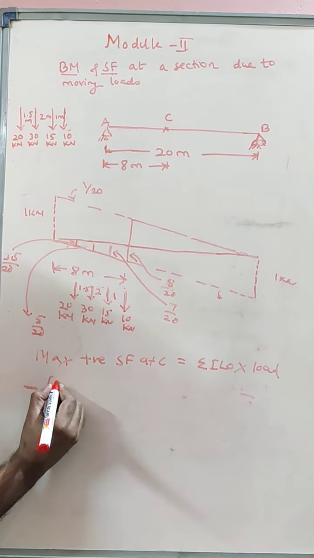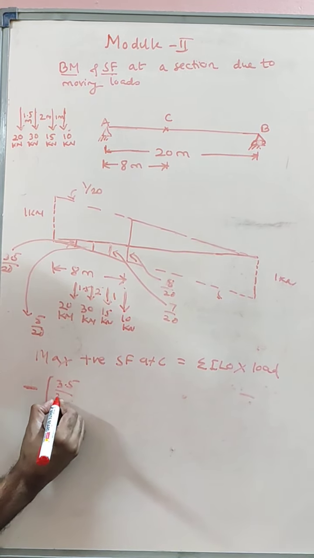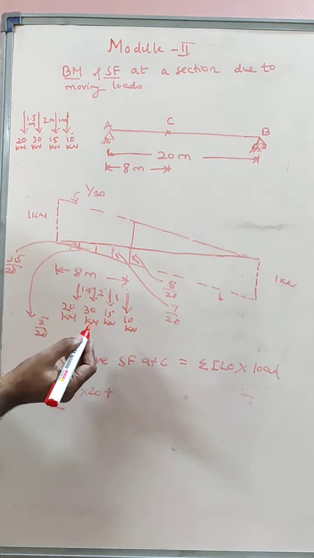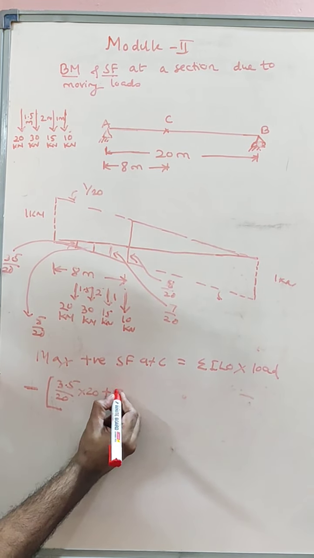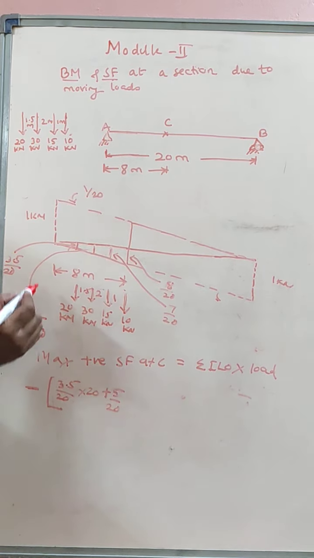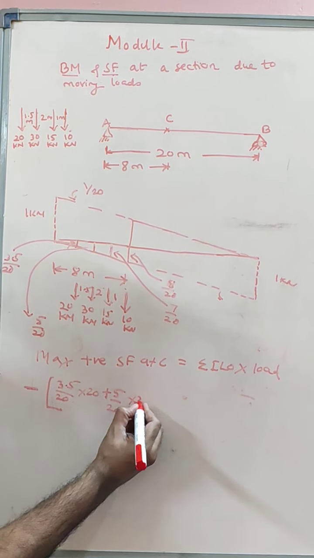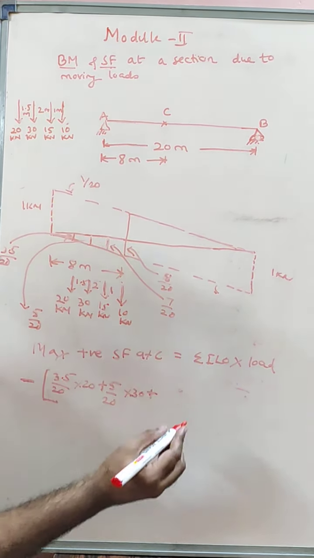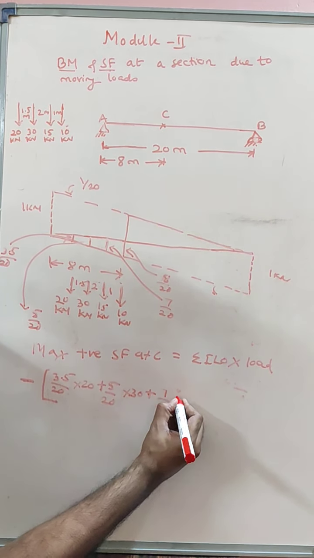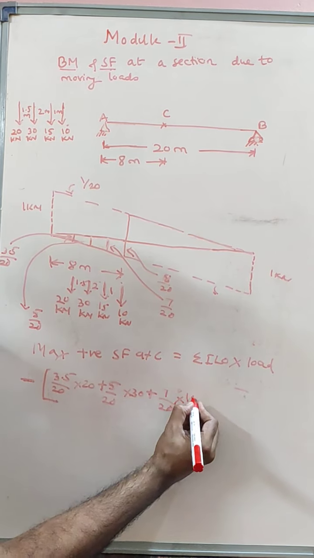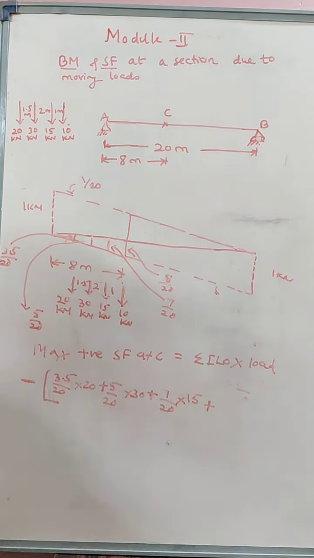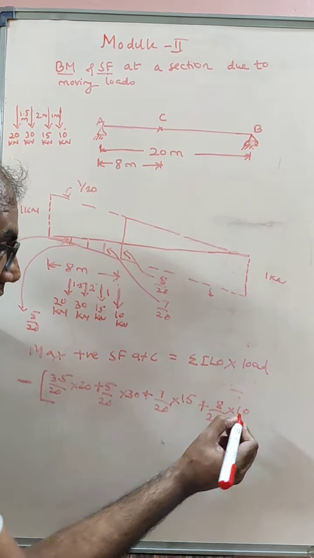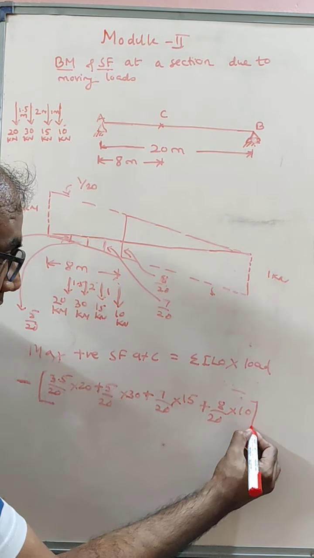This ordinate, 3.5/20 into 20, plus next ordinate 5/20 into 30, plus next ordinate, 7/20 into 15, plus the last one, 8/20 into 10. So close this bracket.